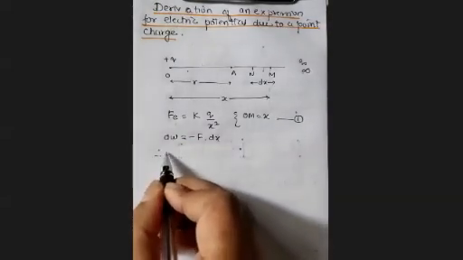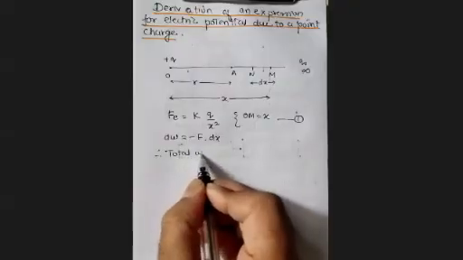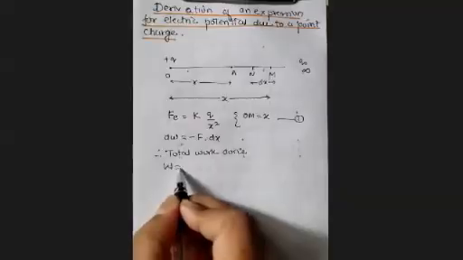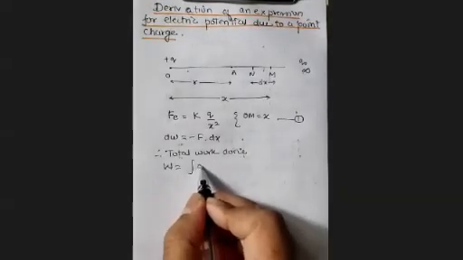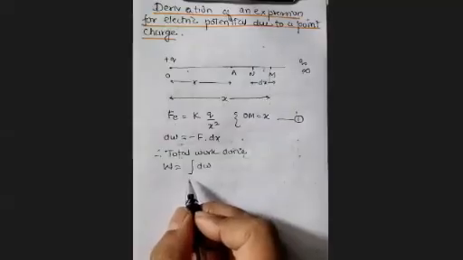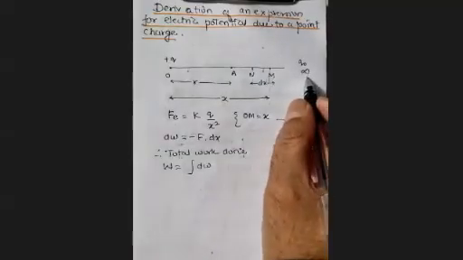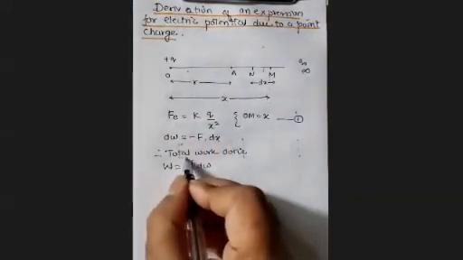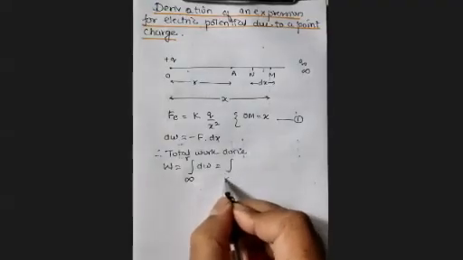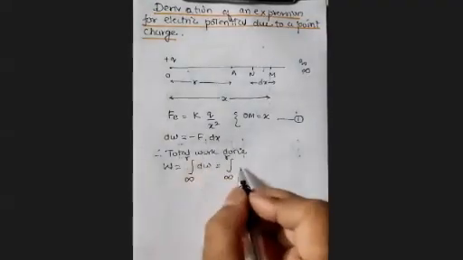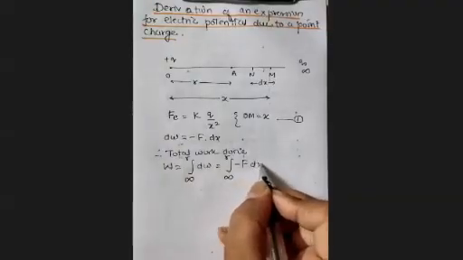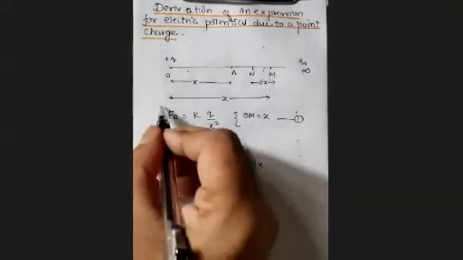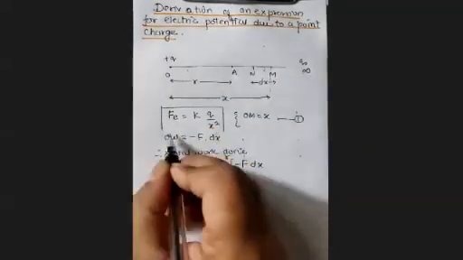So therefore the total work done W will be equal to the integration of dW, where the charge is brought from infinity to the point A, which is nothing but R. So it is from infinity to R. Work is nothing but minus of F into dx. Now we have the formula for F, which is K times Q upon x square.